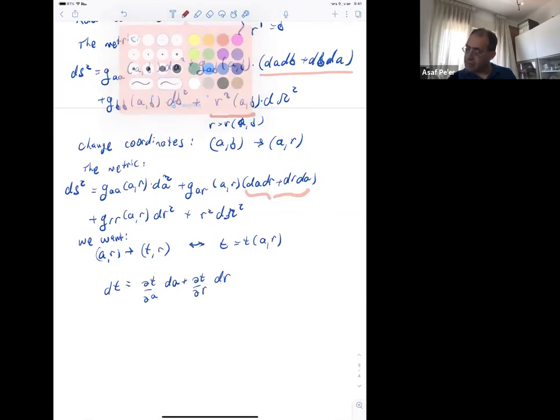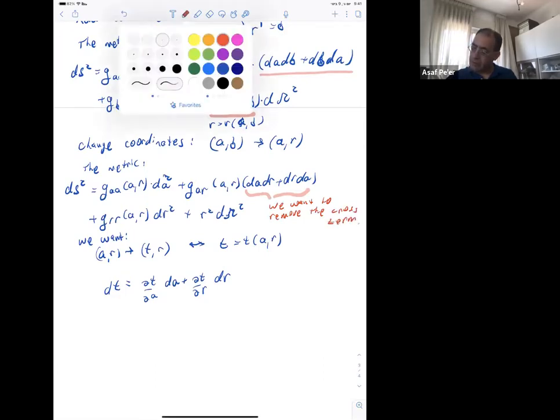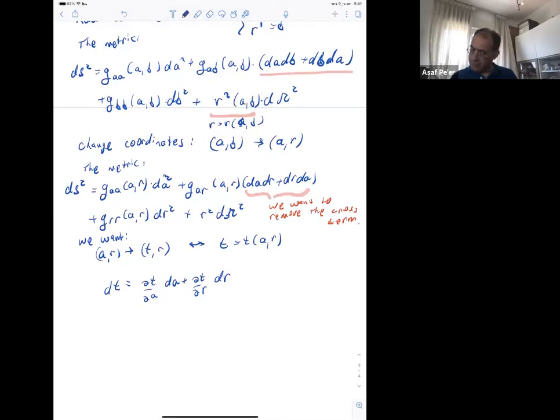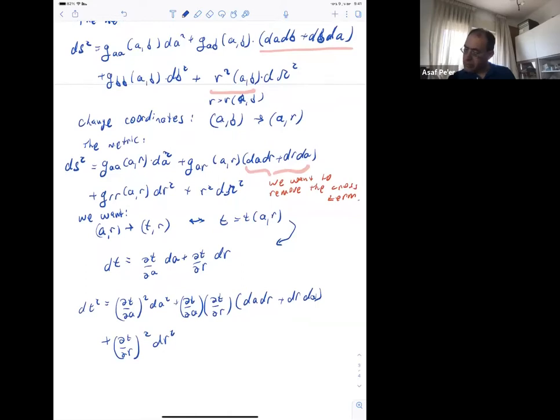So to remove the cross term, if I write it like that, then of course dt squared is going to be (dt/dA) squared dA squared, plus (dt/dA)(dt/dr) times dA dr plus dr dA, plus (dt/dr) squared dr squared. So we want to remove these cross terms.